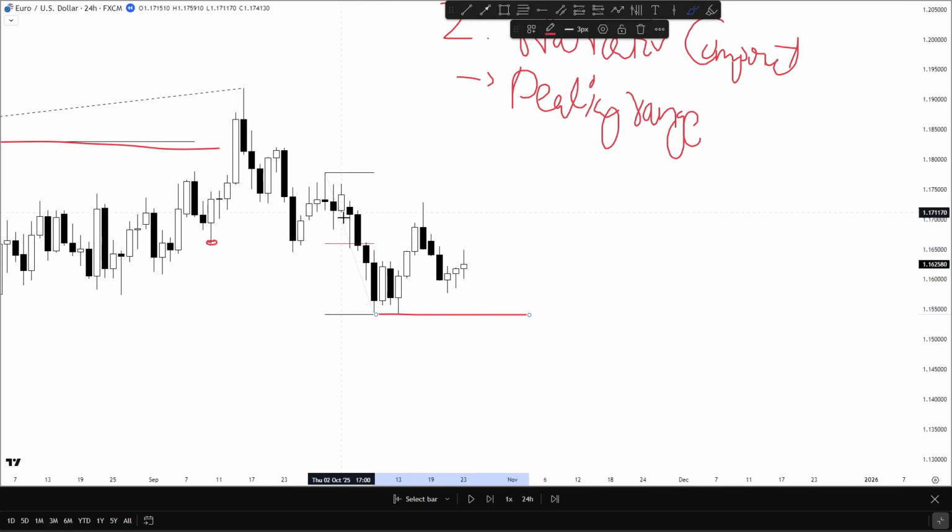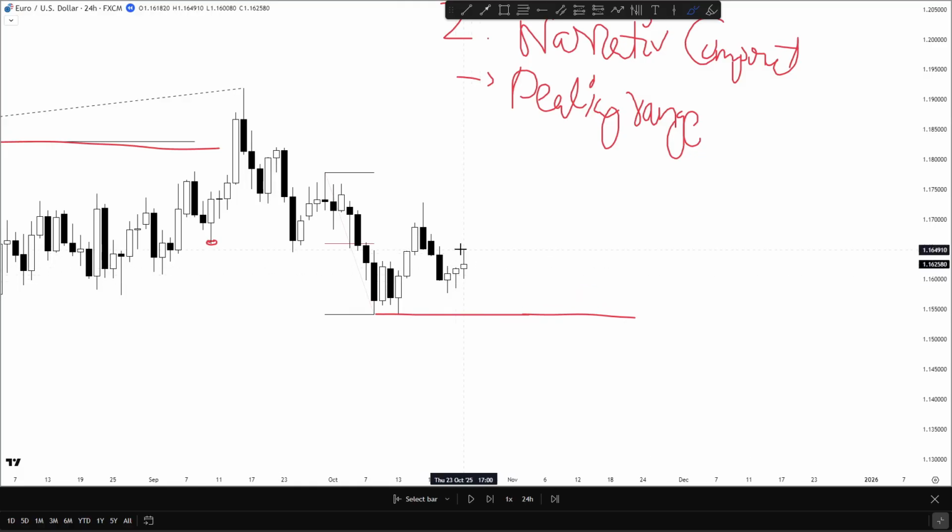We had filled internal range liquidity, so now the destination based on this dealing range is super clear. It is this low. But the more important element than that is the origin for the bearish expansion profile or the bearish expansion swing that we could potentially have this week.